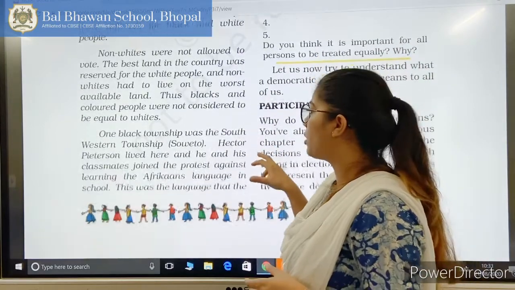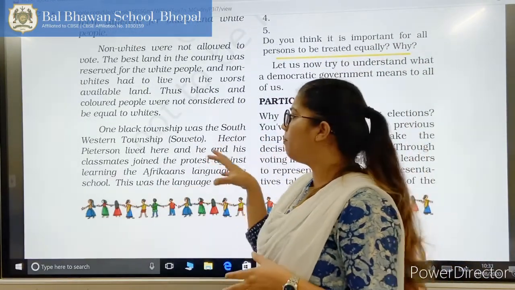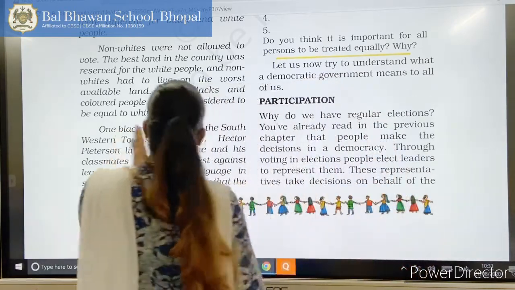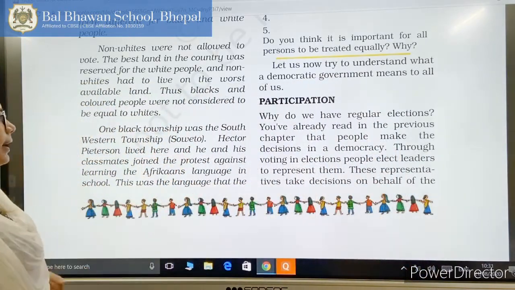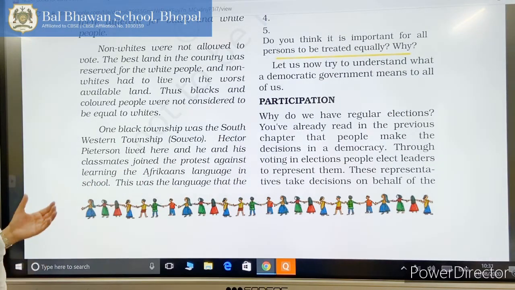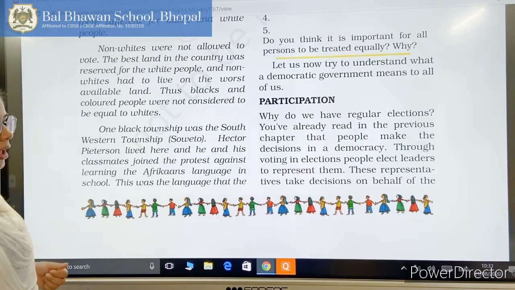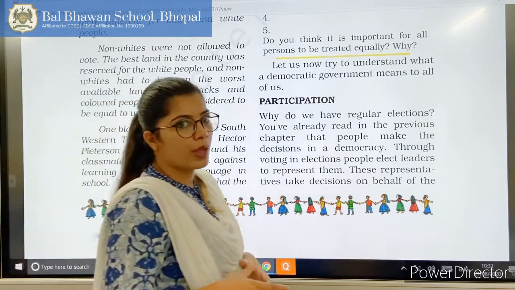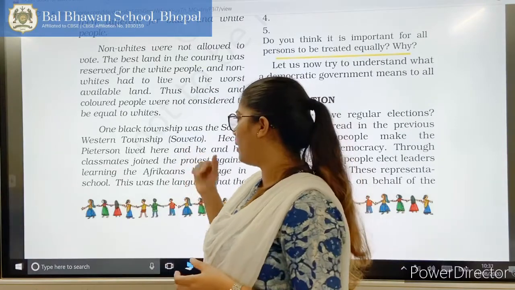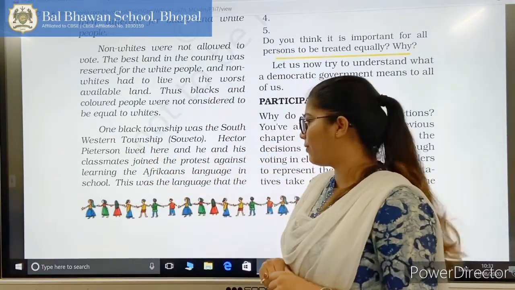One black township was the southwestern township, Soweto. So there was a black township which was called Soweto. Hector Peterson lived here, and he and his classmates joined the protest against learning the Afrikaans language in school. Now this was a young boy who used to live in this locality where the South African black people used to live.